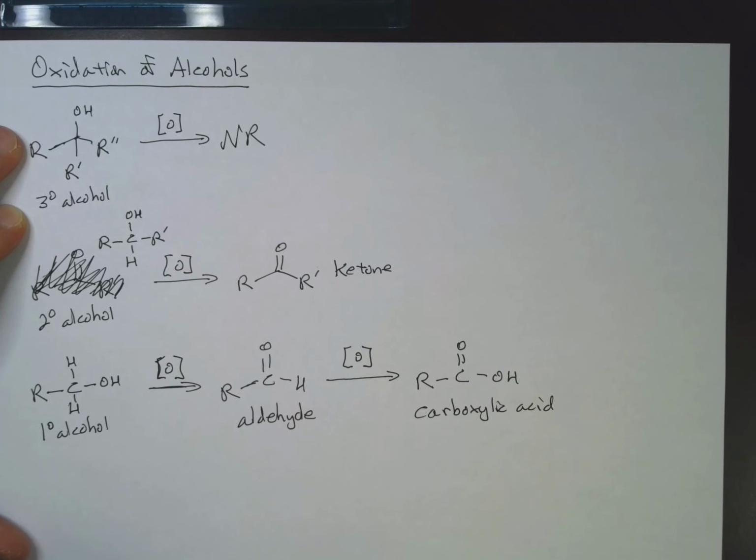In fact, we used to do an oxidation in Chem 12B, turning borneol into camphor, and we used bleach. You can do it with chromium-containing compounds, which are kind of nasty.